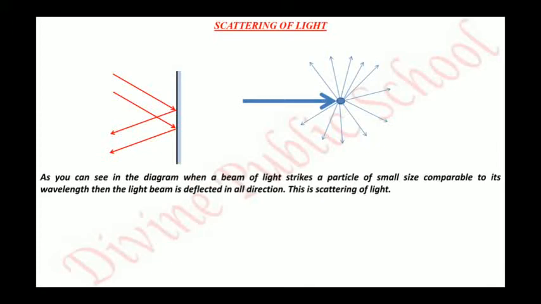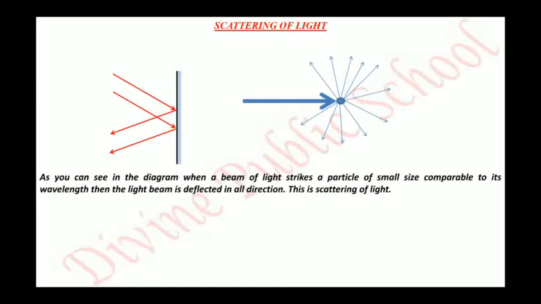So as you can see in the diagram, when a beam of light strikes a particle of a small size comparable to its wavelength, then the light beam is deflected in all directions. This is what we call scattering. So scattering means when light falls on a very small particle, it gets scattered in all directions.